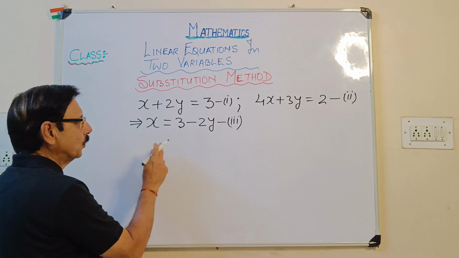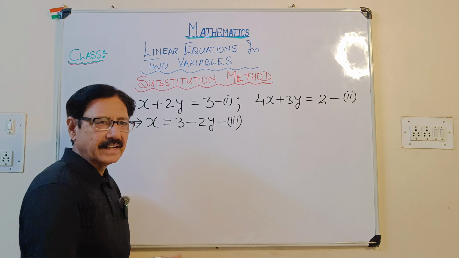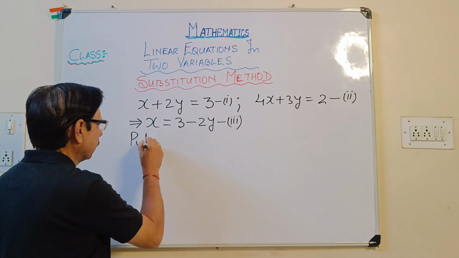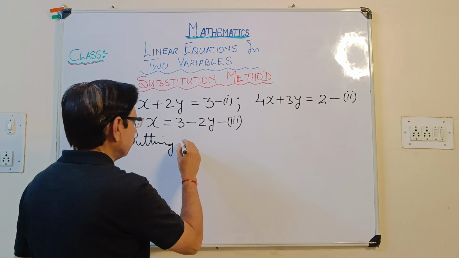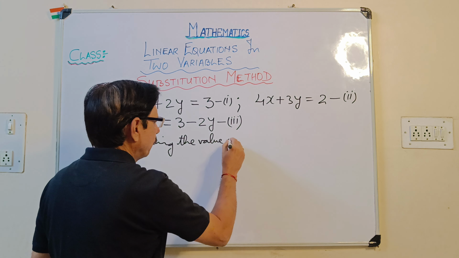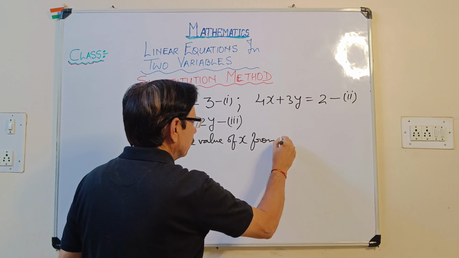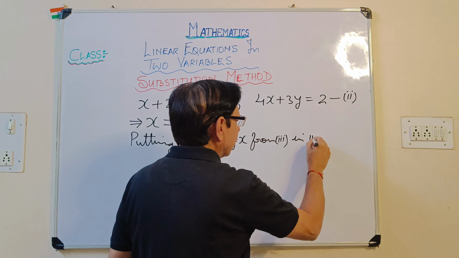Now the value of this x from the third equation, we will put in the second equation. You can write here, putting the value of x from equation third in second, because you have to mention whatever you are doing.